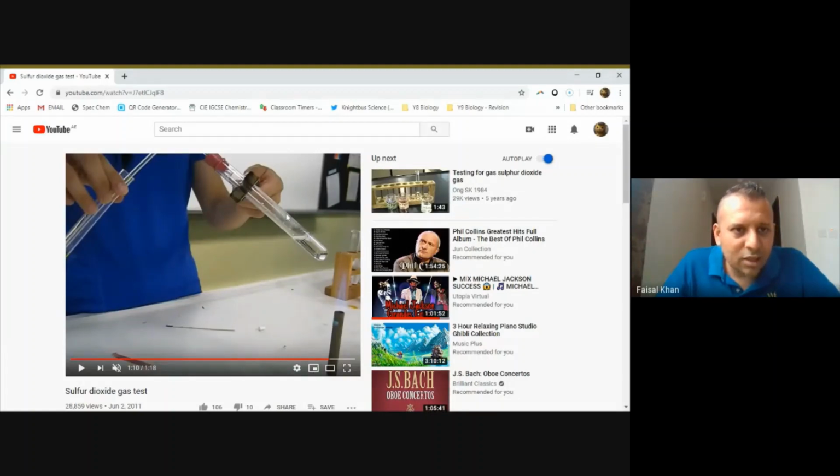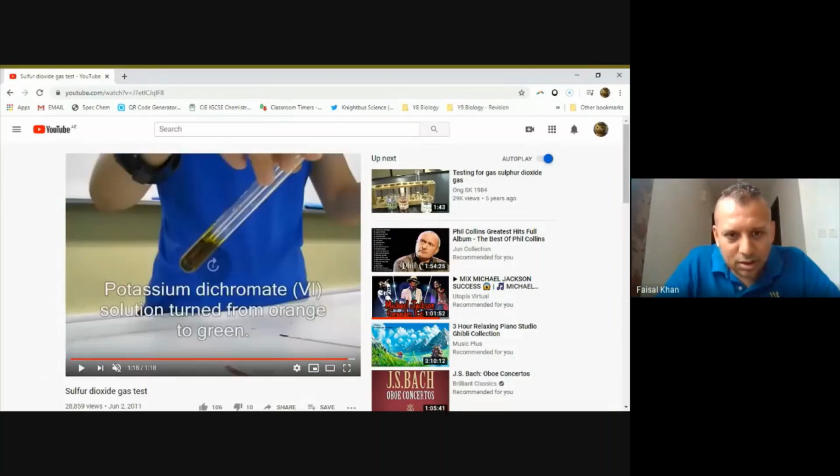It's moving up this L-shaped glass tube called a delivery tube. Now, sulfur dioxide is heavier than air, so it is perfectly okay to have it pointing downwards, and in her right hand, she's got the potassium dichromate. So when the gas bubbles through, you get the solution turning from orange to green.